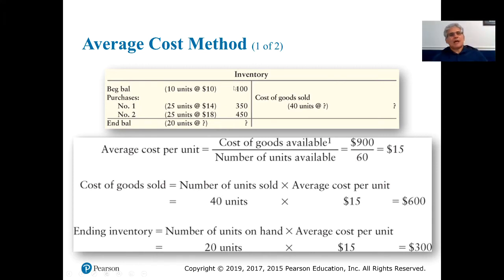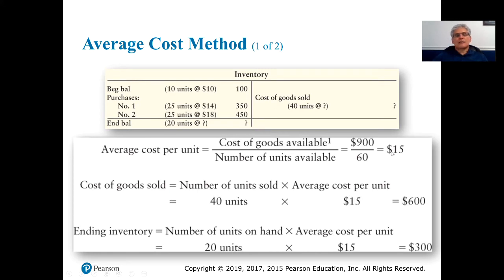Well, we'll use the same computations, the beginning balance of 10 plus the purchases of 25 and 25. These are the units we're working with, and these are the costs we're working with. 900 divided by 60. And that's going to mean that on average, our average cost for those purchases was $15.